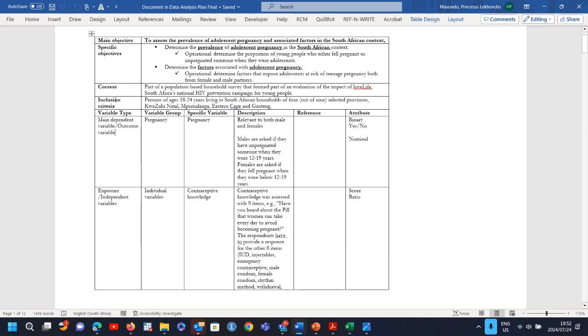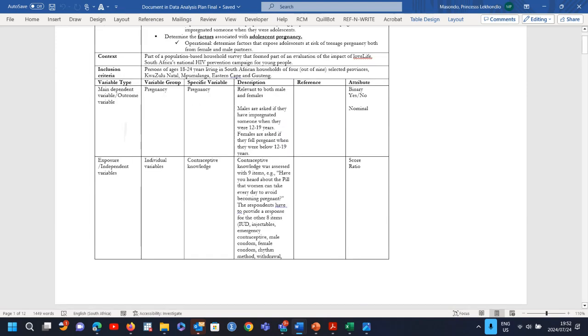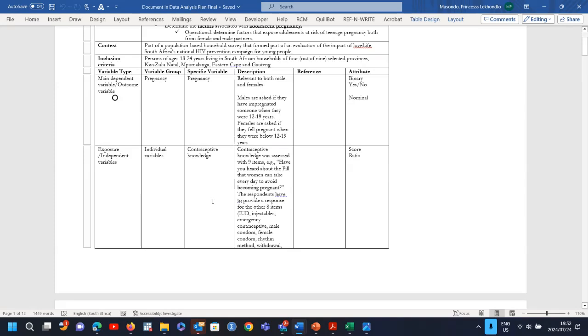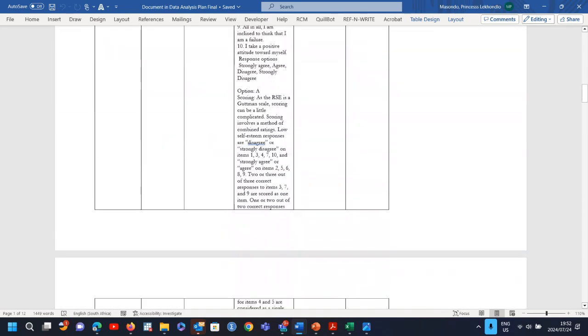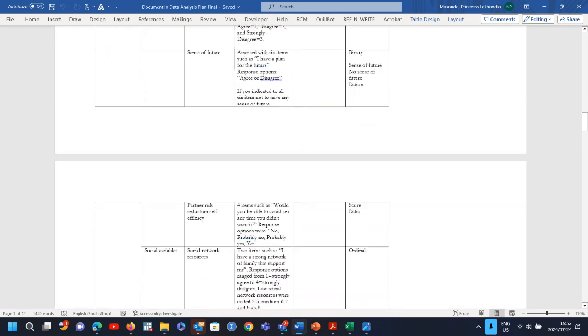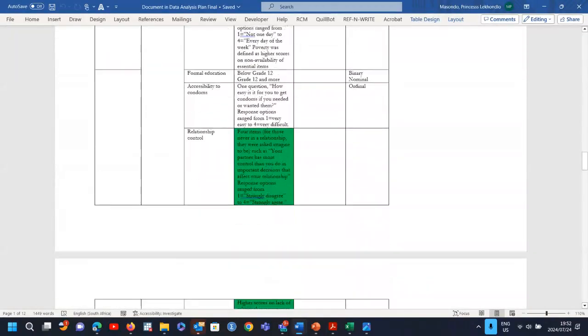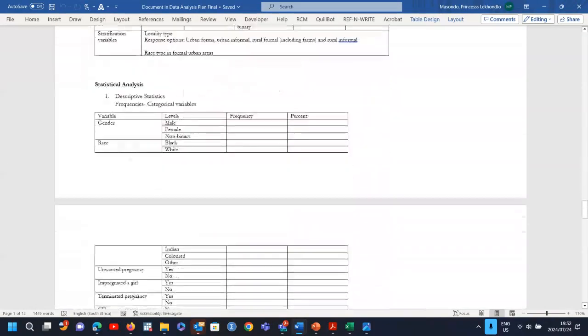The dependent variable is categorical with 2 levels, it's binary. And then we have a mixture of several independent variables, the knowledge, quite a lot of them. Then we are doing a regression. But because our outcome is binary, it's logistic regression. If our outcome was ordinal, we would do ordinal.